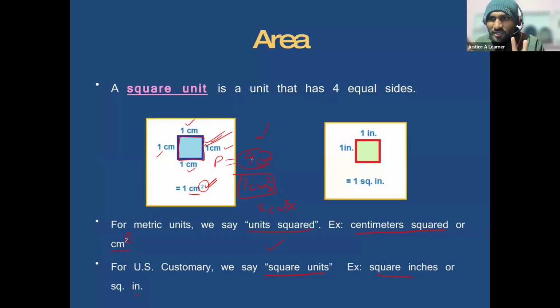A square unit is one unit squared, either centimeter, meter, or whatever. Smallest unit is what? One. Are you getting my point? So this shape we call a square is one unit, either it is centimeter unit, meter unit, inch unit, or whatever. Are you getting my point?